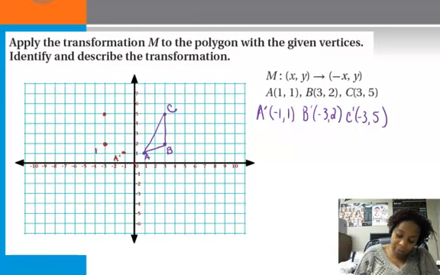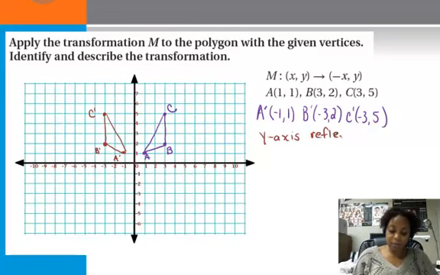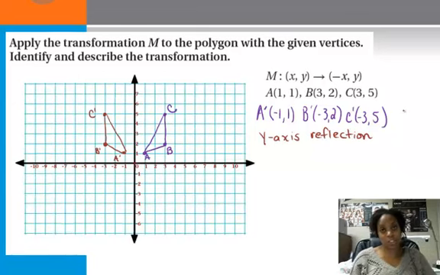A prime, B prime, C prime. All right, so we can see that this resulted in a reflection over the y-axis, a y-axis reflection. And it is a rigid transformation.